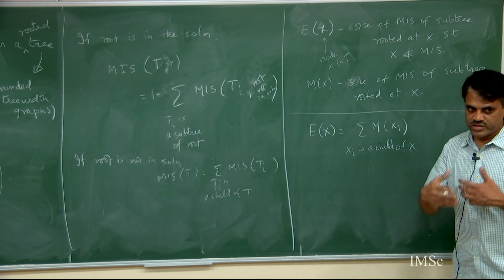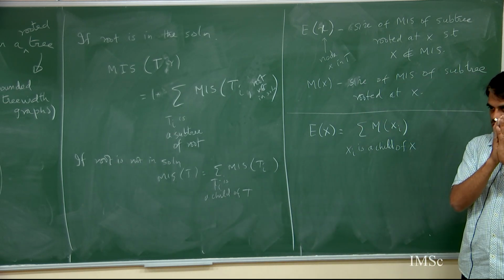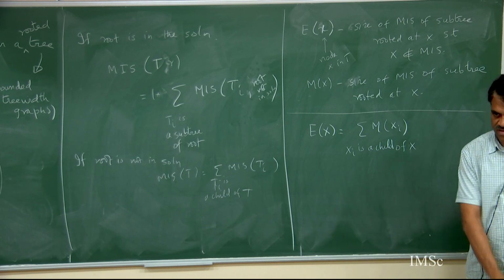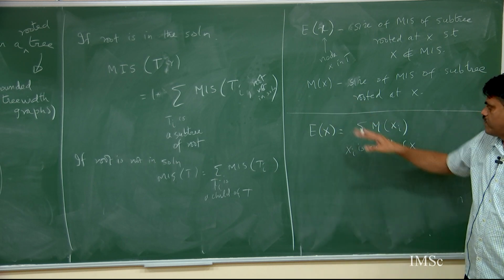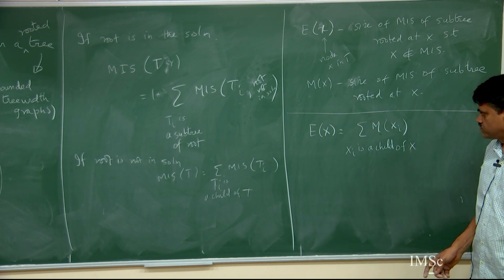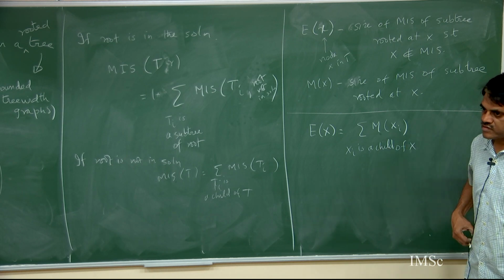Agreed? So, if you tell me that x is not in the solution, then I go to all my children, find the maximum independent set with no conditions. So that is M, and add them all. So E of x is this.